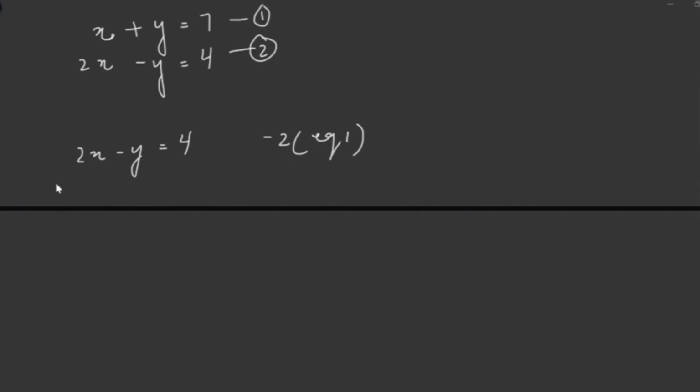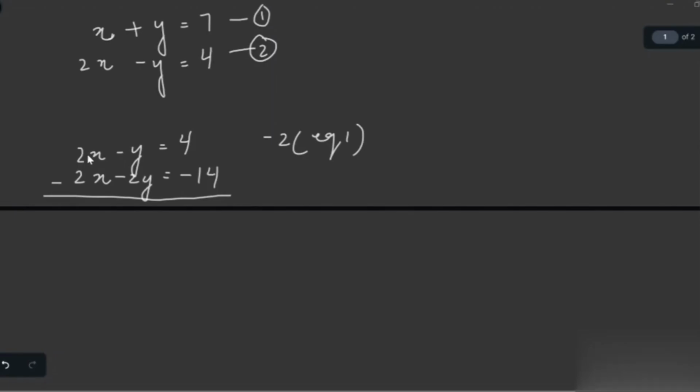So we can write minus 2x, and if you multiply -2 by this, you will get minus 2y, and if you multiply -2 by 7, you will get minus 14. Now just add these, and as you can see, this would get cancelled out.